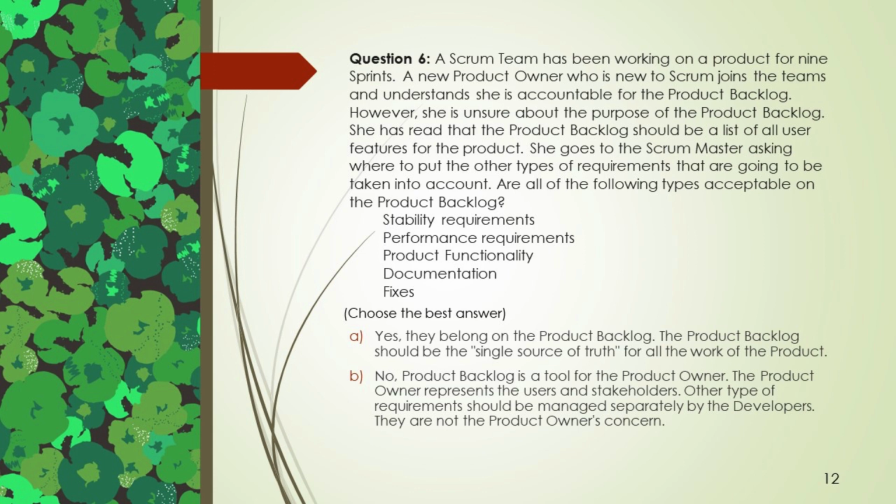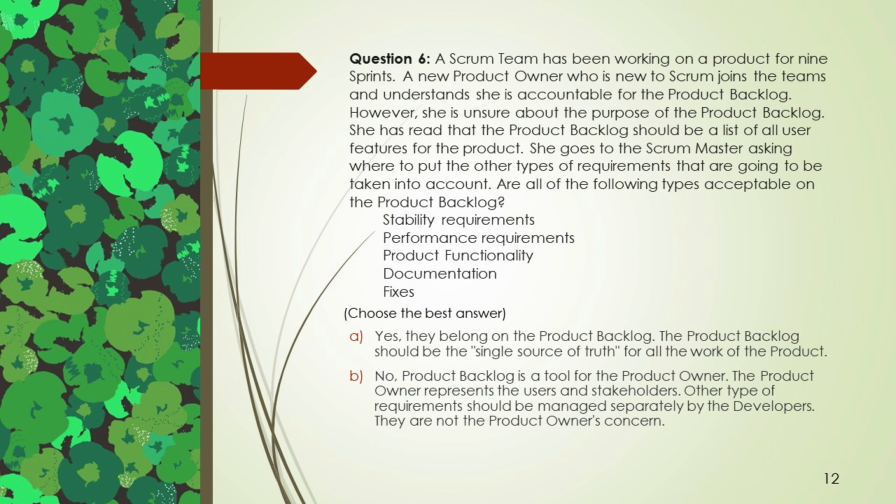She goes to the Scrum Master asking where to put the other types of requirements that are going to be taken into account. Are all of the following types acceptable on the product backlog? Stability requirements, performance requirements, product functionality, documentation, fixes. Choose the best answer.